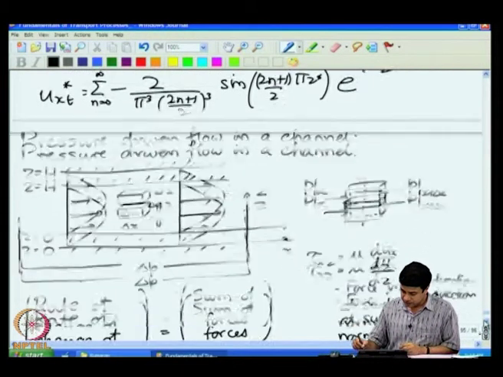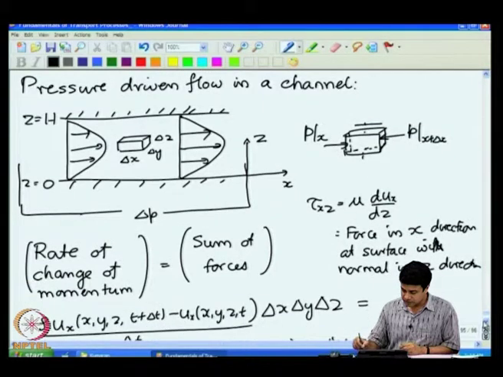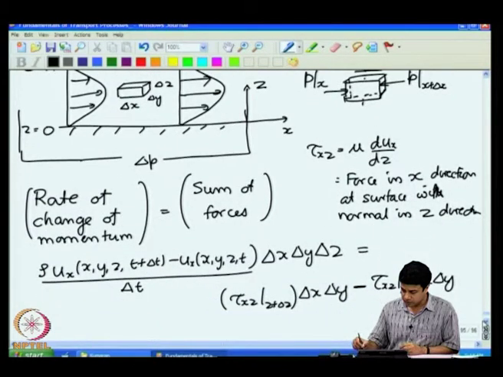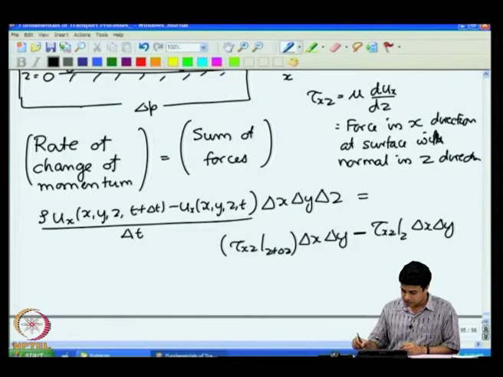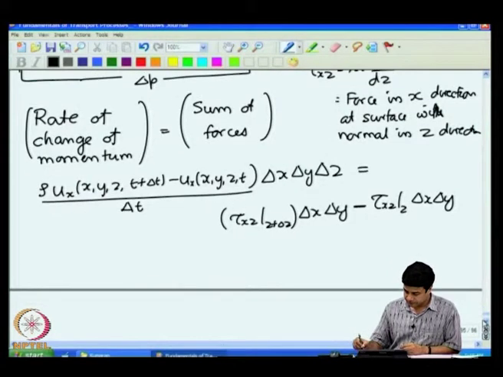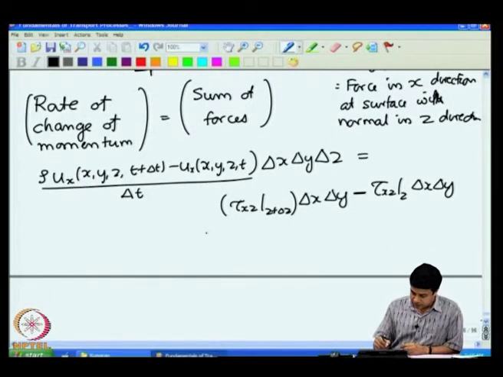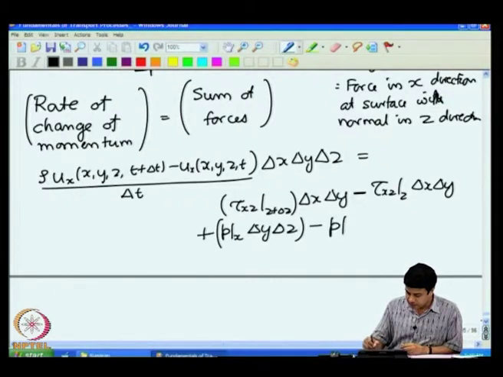So, these two pressure forces also enter into the momentum balance equation. So, the pressure force at x is in the plus x direction, P at x, times the surface area, which is delta y delta z, minus P at x plus delta x, times delta y into delta z.